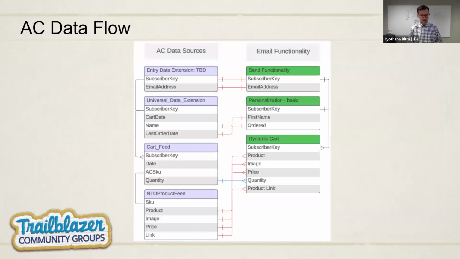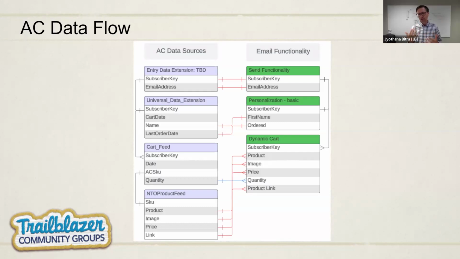I think we talked about this flow. We'll just cover it really quickly just because of how this works. We've got our entry data extension that we set up last time, and then that subscriber key is connected to this universal data extension. That universal data extension is also connected to this cart feed, which has all of the line items that are in the cart that you're going to be wanting to display in that custom table.